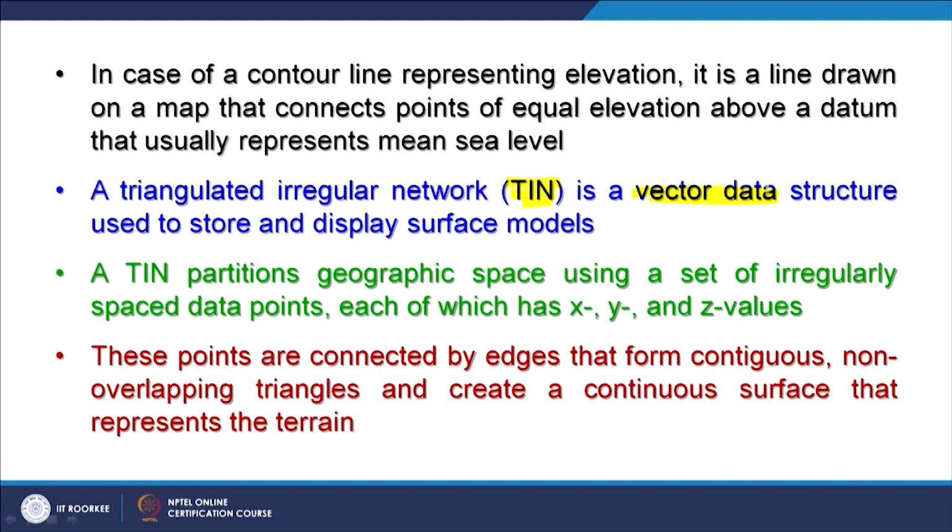So we had three spatial data models: vector, raster and TIN. TIN is in many ways not really close to vector or raster, but the best part is that it represents the surface. So that is why it is very advantageous from a representation point of view.